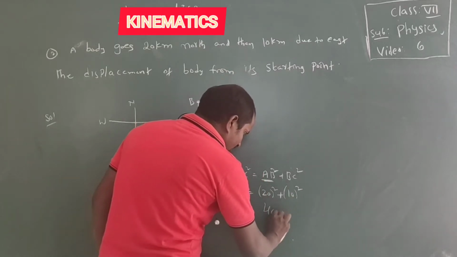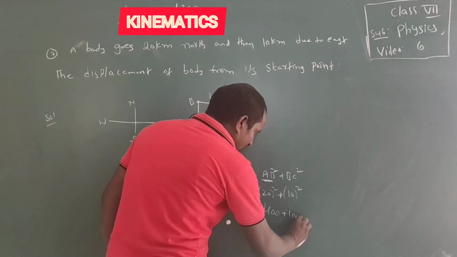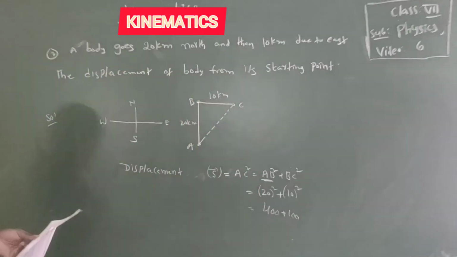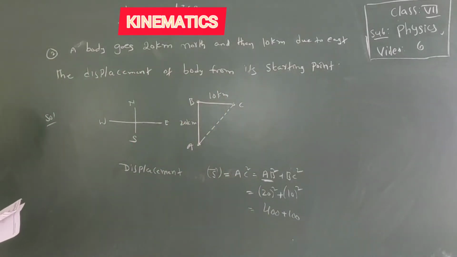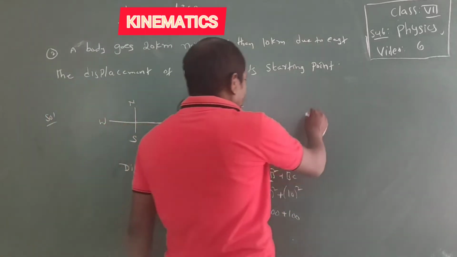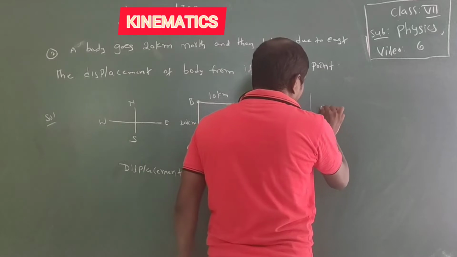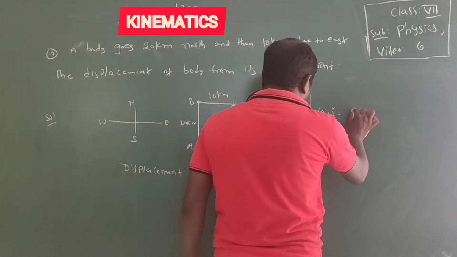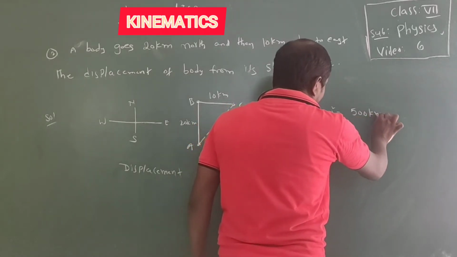That equals 400 plus 100. 20 square equals 400 and 10 square equals 100. So AC square equals 500 square kilometers.